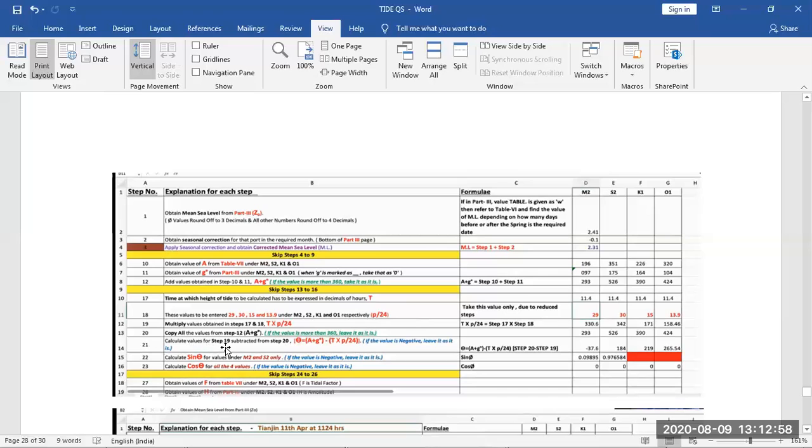Now calculate the difference of the values of step 19 and 20. Actually it is 20 minus 19, and whatever answer we get, we put it here with its sign also.